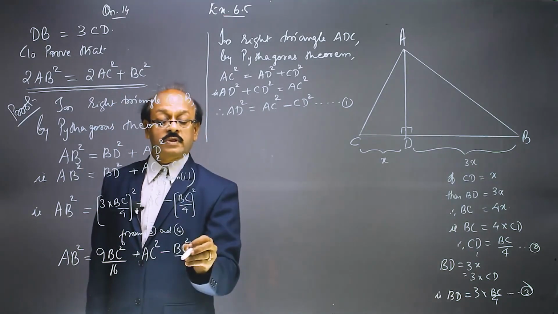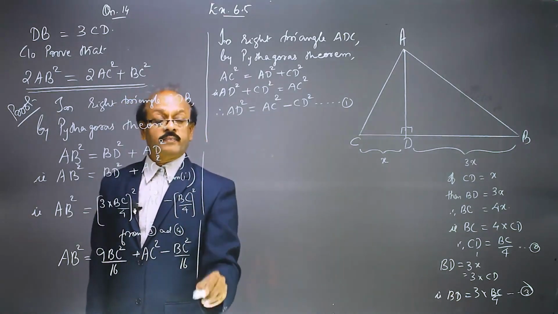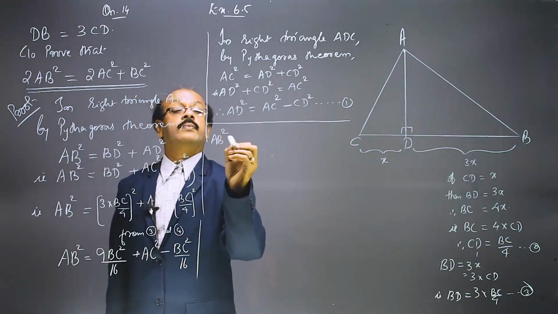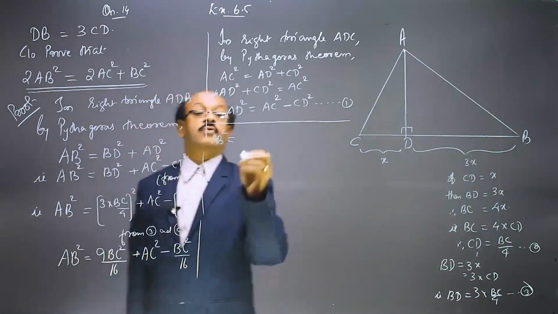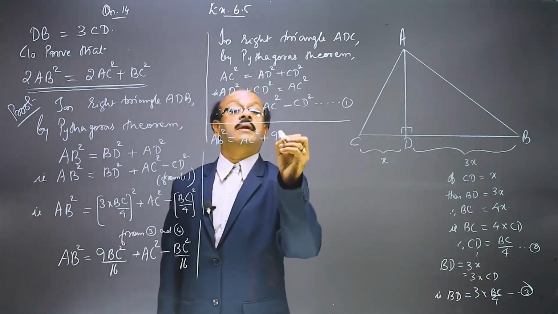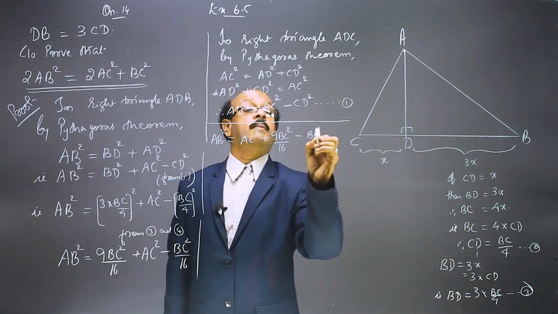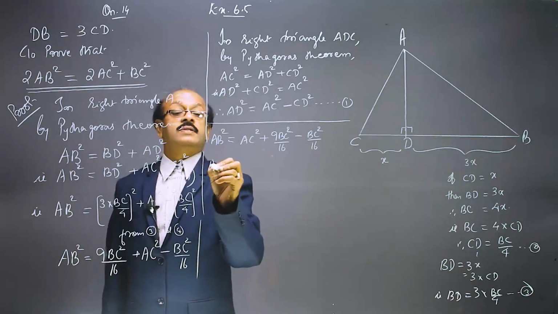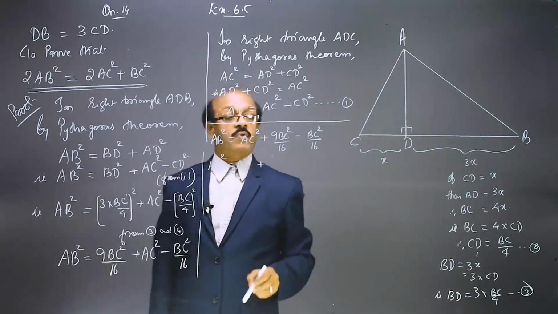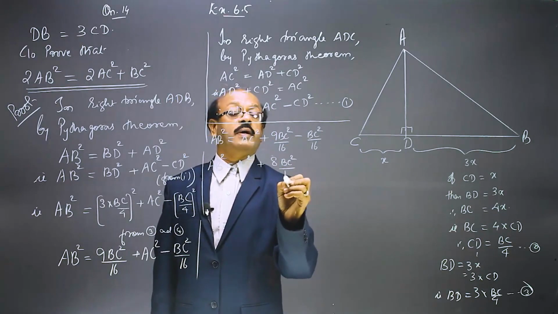Now we can rearrange the terms: AB square is equal to AC square plus 9BC square by 16 minus 1BC square by 16.